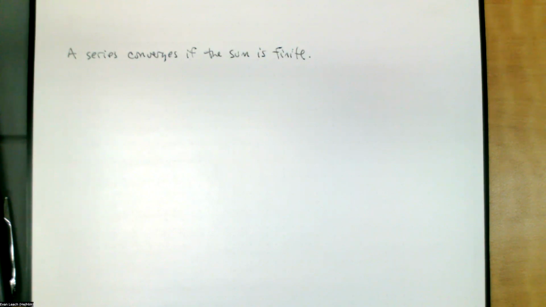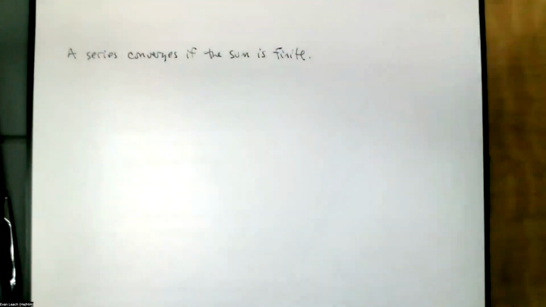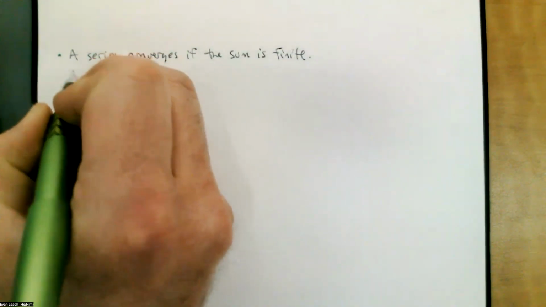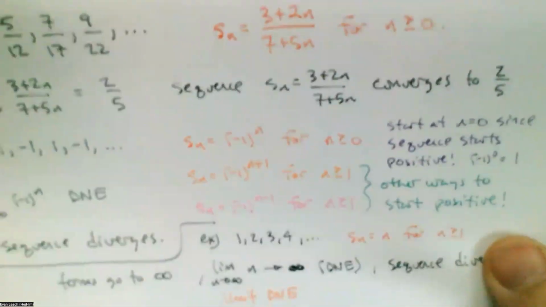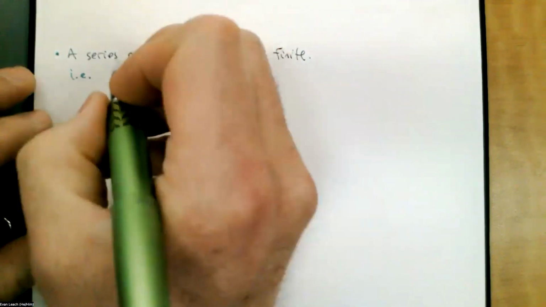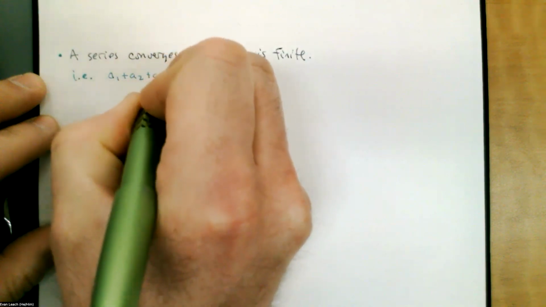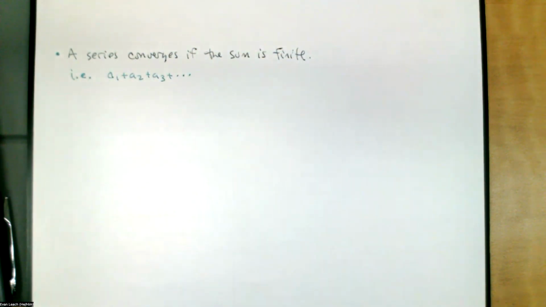We say that a series converges if the sum is finite. Just like with sequences, we will want to know what the general term of our series looks like.